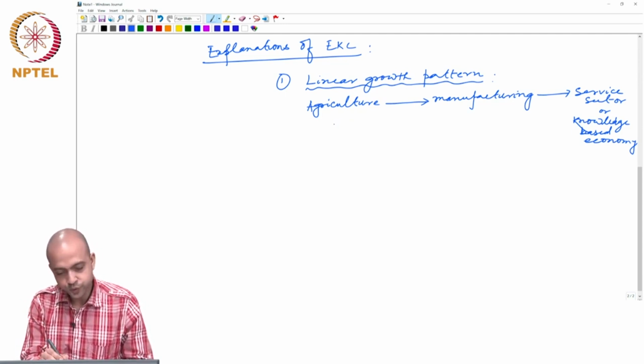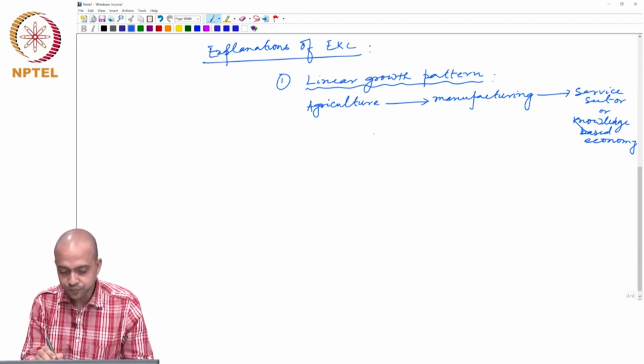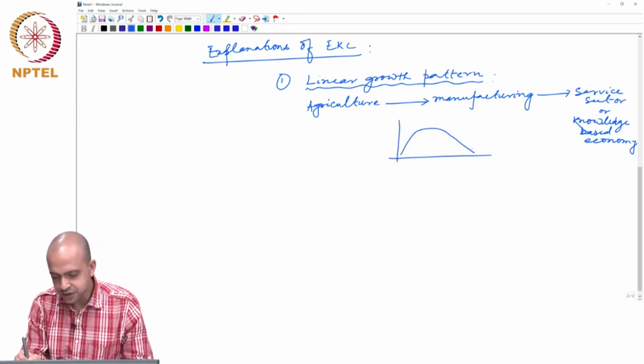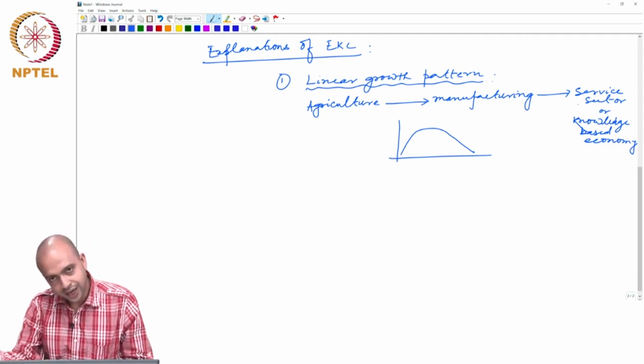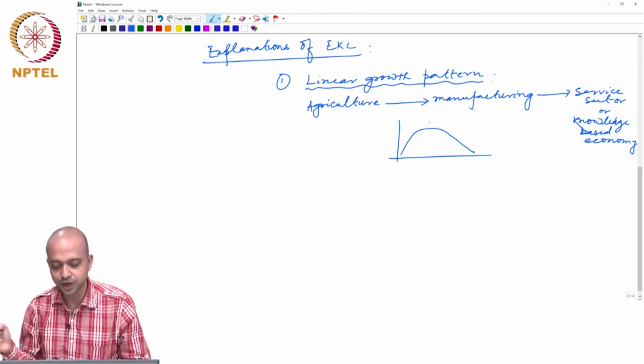Once the economy moves from agriculture to manufacturing, manufacturing is the most energy intensive and pollution intensive sector. So, what will happen then? When you are agriculture based, your pollution is low. When the economy is based on manufacturing, pollution would be high, and when the economy at the last stages of growth is dependent on the service sector, then obviously pollution per capita will come down.